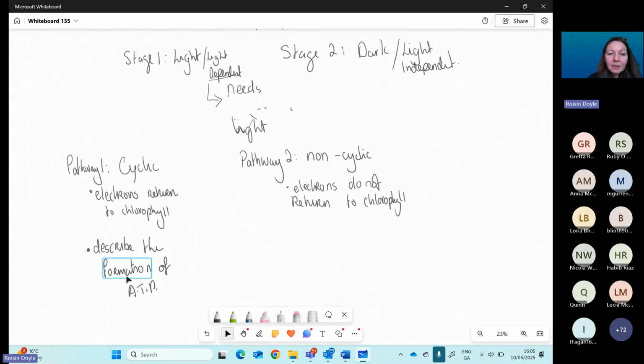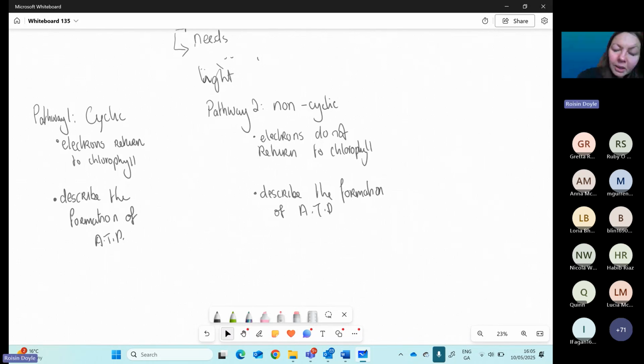So that's what happens. In pathway 2, again, you would describe the formation of ATP. You would describe the formation of NADPH.